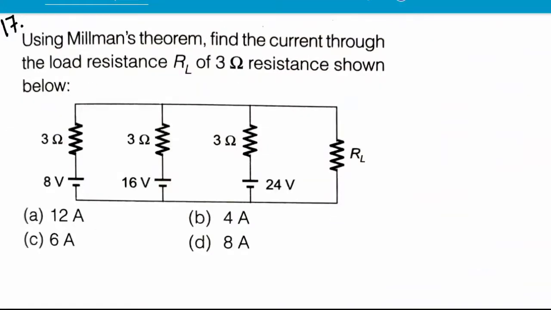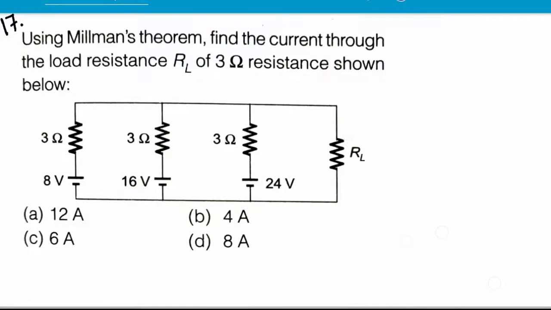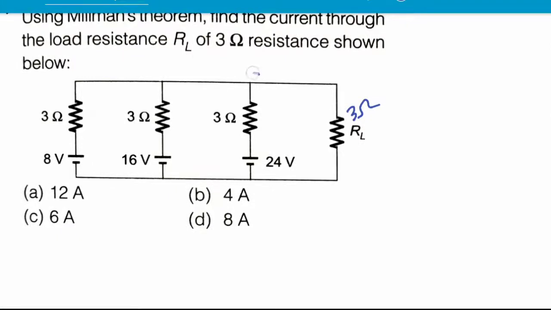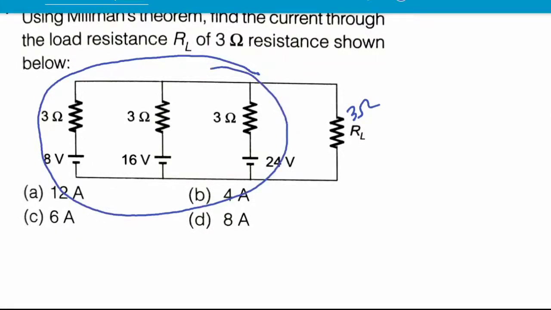Next question, using Millman's theorem, find the current through the load resistance RL of 3 ohm. This is 3 ohm, shown below. Using Millman's theorem, this whole circuit can be converted to a single voltage and a resistance.